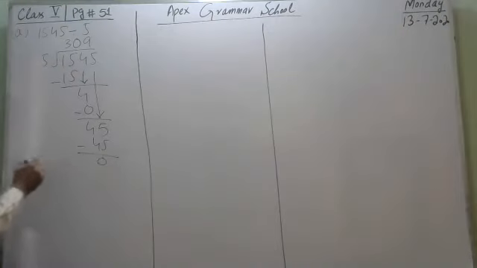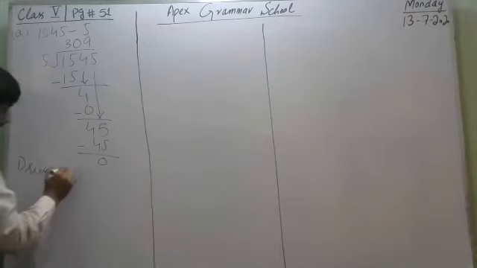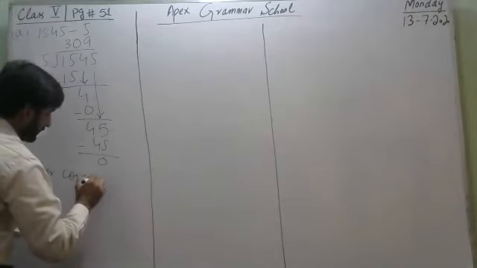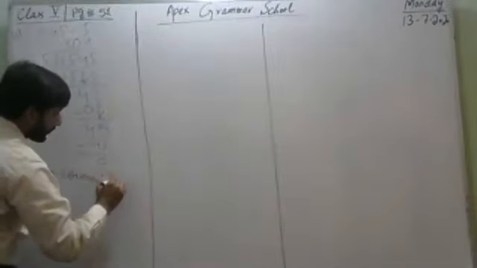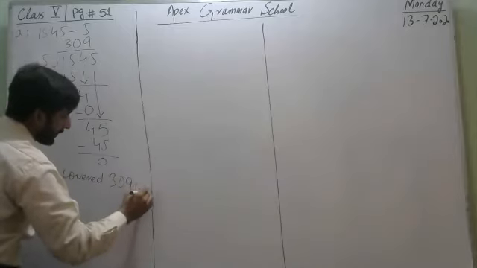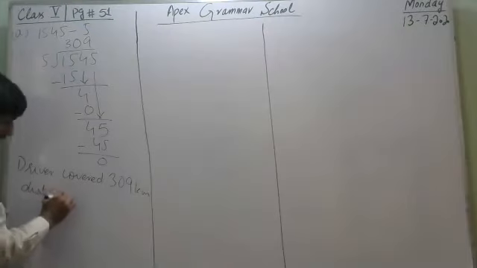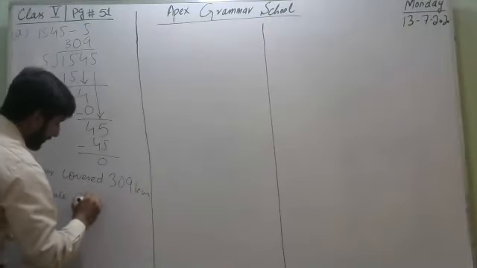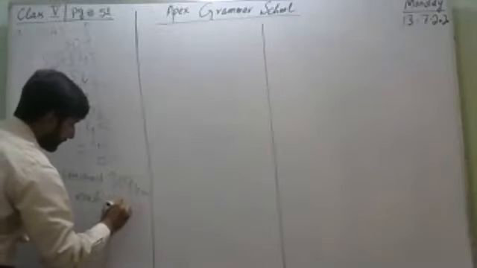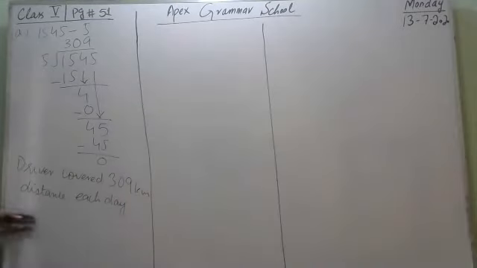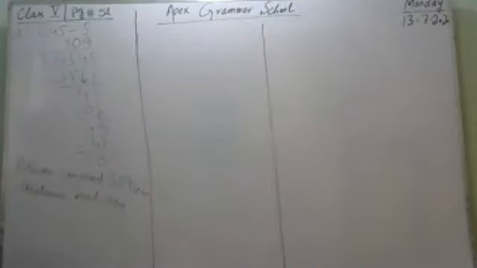Remainder 0. Statement is: driver covered 309 kilometer distance each day. You also have to write a statement at the end of the solution.